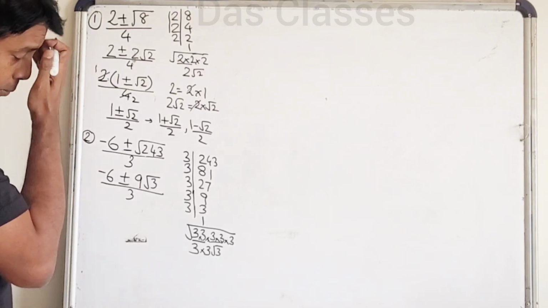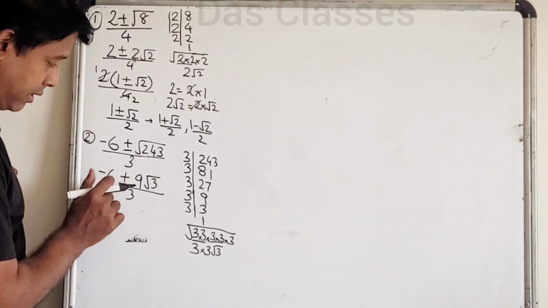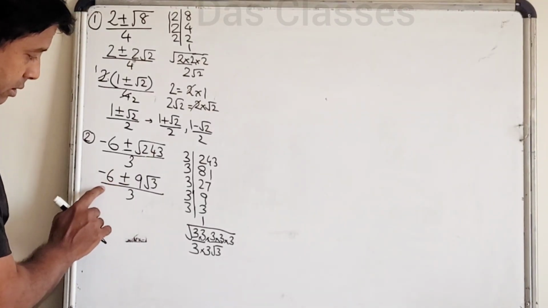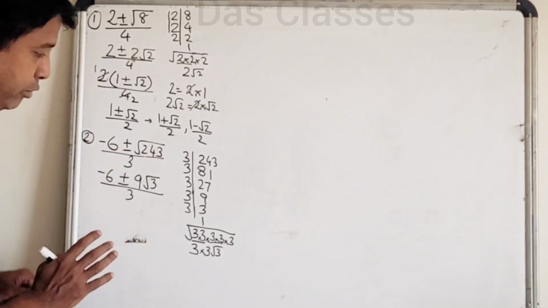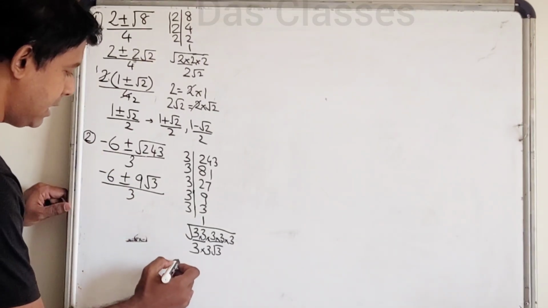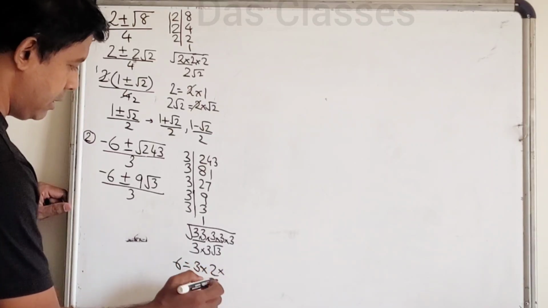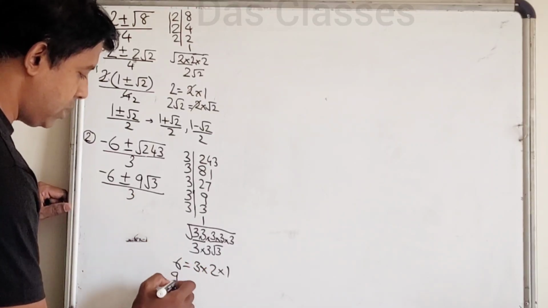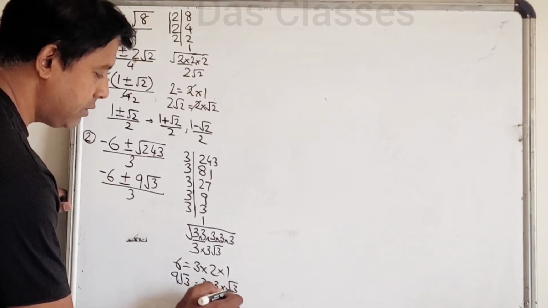Now, how can we take out common over here? Same thing. If you are good enough to understand that 6 and 9 come in 3's table, you do it directly. But if you are confused, just write 6 as 3 × 2 × 1, and 9√3 as 3 × 3 × √3.